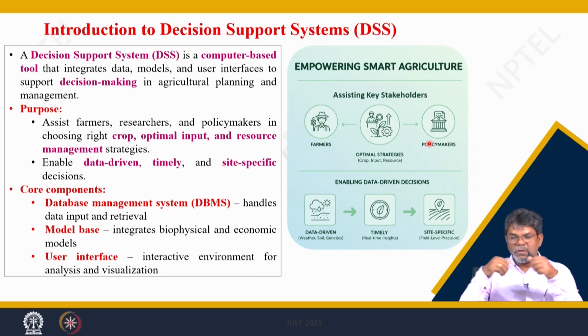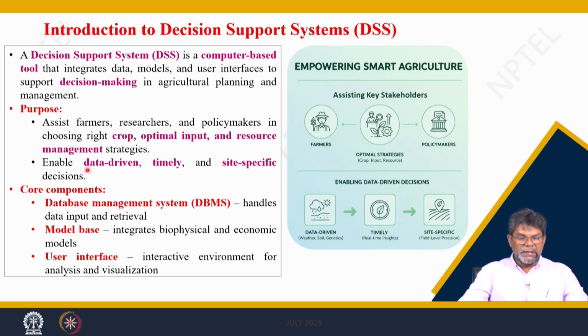So that is how the model helps the farmers, researchers and policy makers at different levels, for the selection of crops, management practices to optimize the production, or the other infrastructure facilities to take care of the production.